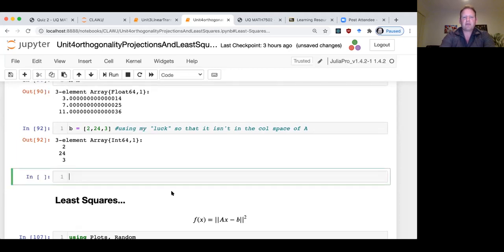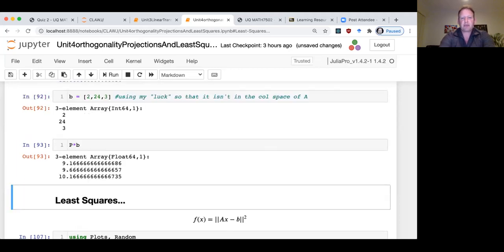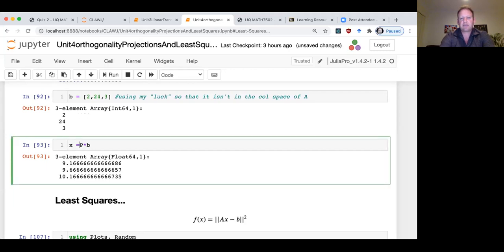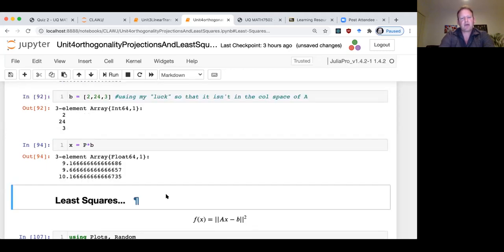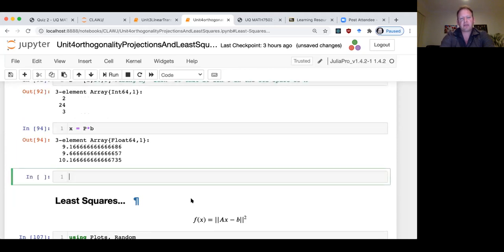I could still do the projection matrix applied to B. Now this x, we know, is spanned by the columns of A. Sorry, let's not call this x.